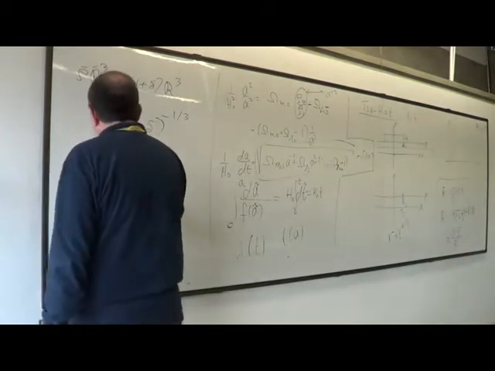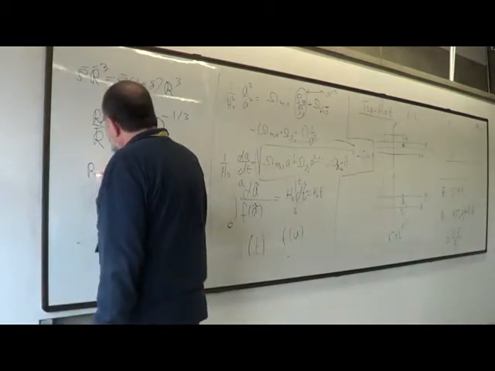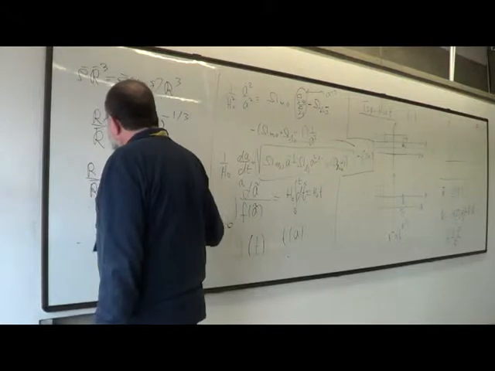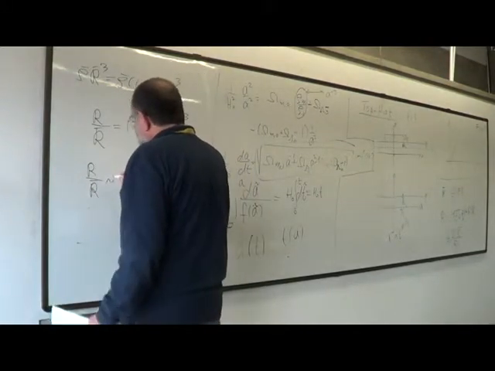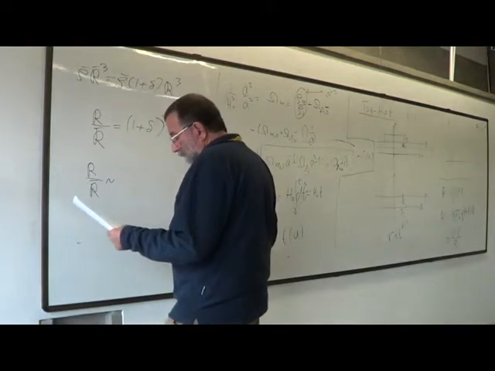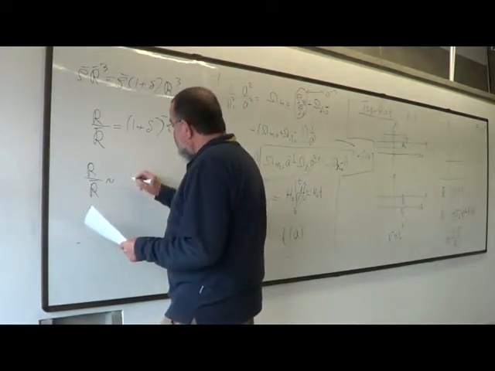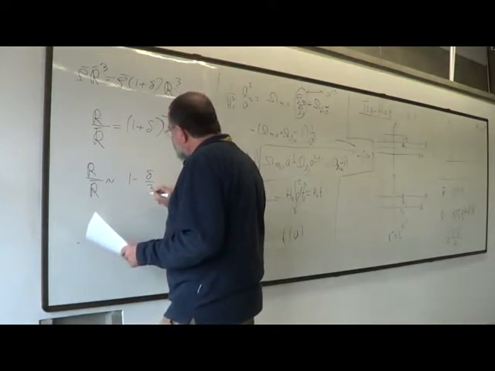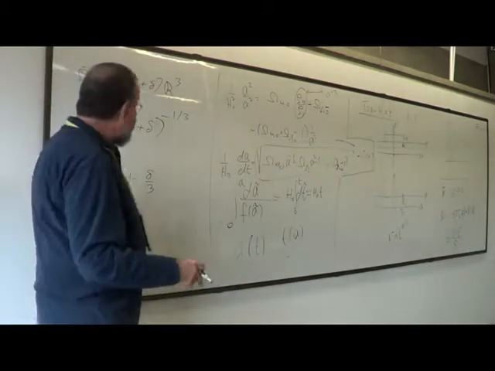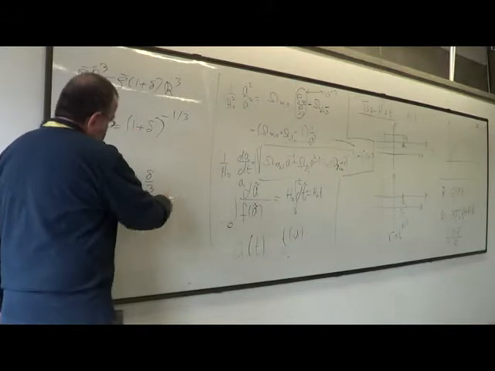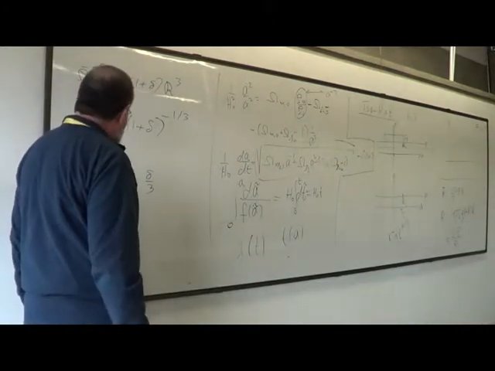So what I have to write is R over R bar equals, to first order, 1 minus delta divided by 3. This is linearizing the term that I have here, and that's what I get.